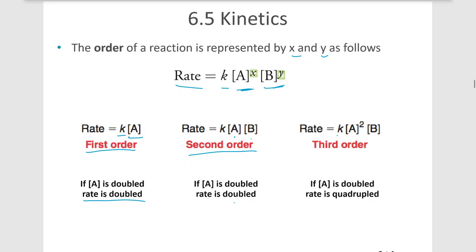Okay, that's why it's a second order equation. If the rate is equal to some K times A squared times B, then if A is doubled, the rate is quadrupled. If B is doubled, then the rate is doubled. Okay. So we can also say, and this is not really covered in your book specifically, that an equation like this one on the right here is second order with respect to A and first order with respect to B. In fact, we probably should write that down.